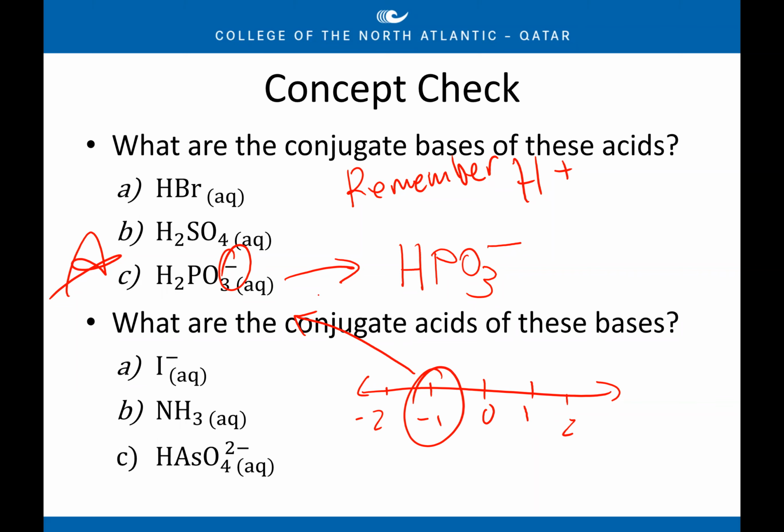But when I remove a proton, it loses a charge and goes down to -2. So if you're wondering where the -2 comes from, it's because I lose a positive charge, it becomes more negative, and it becomes -2.